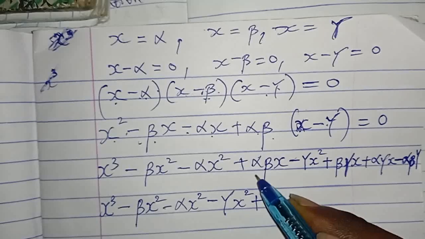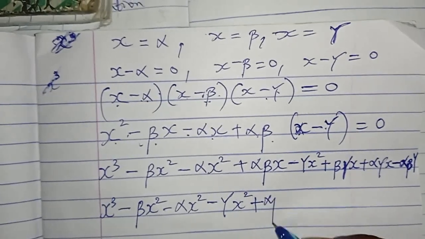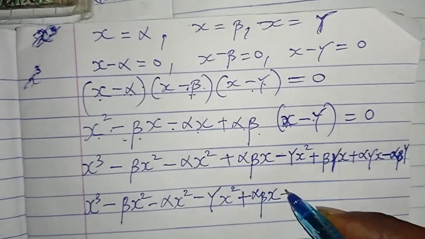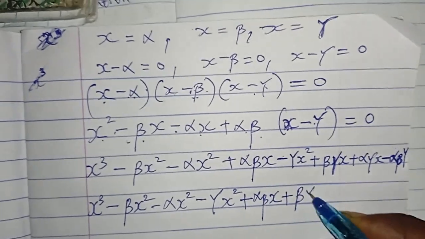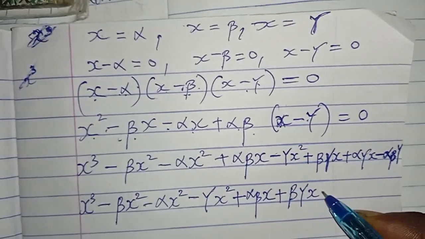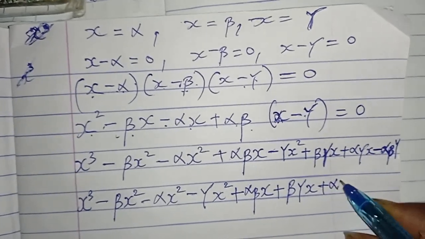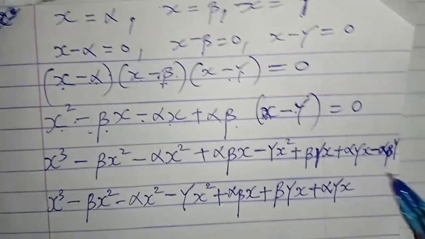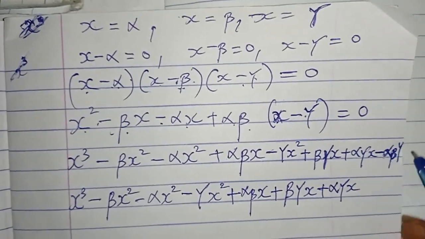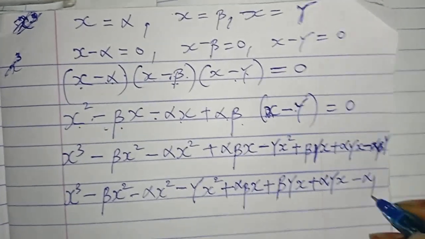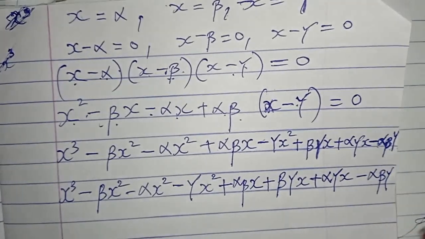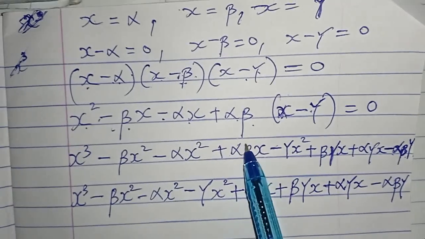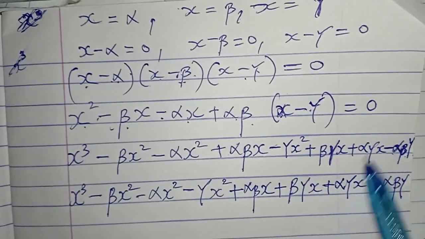The next thing is x: plus alpha beta x plus beta gamma x plus alpha gamma x. Then the constant, the one without x, minus alpha beta gamma. To check this, count 1 2 3 4 5 6 7 8.